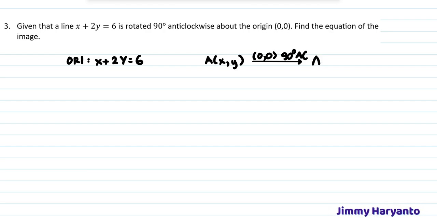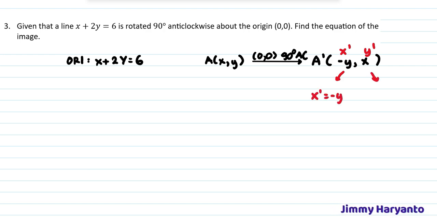So the formula for 90 degrees anti-clockwise is negative y comma x. Negative y comma x. So this one is x prime and that one is y prime. You can rewrite this as x prime equals to negative y. You can rewrite this as y prime equals to x.